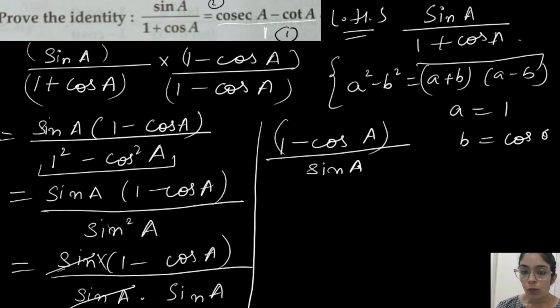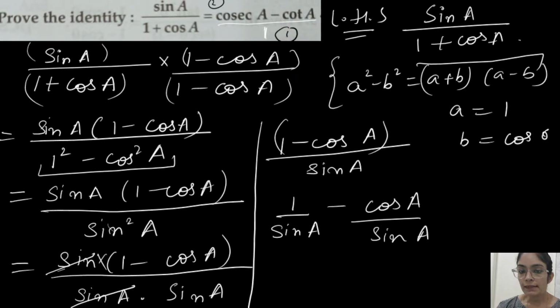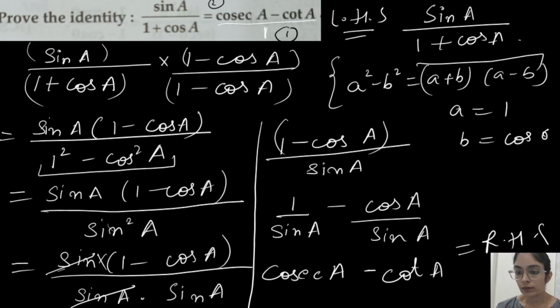Now we will write them separately, because we need cosec A minus cot A. So I write 1 by sin A minus cos A by sin A. Using the reciprocal relation, 1 by sin A is cosec A, and cos A by sin A is cot A, and this is what our right hand side also is.